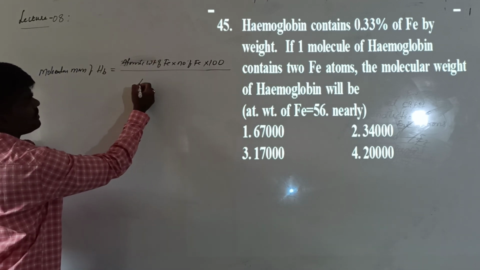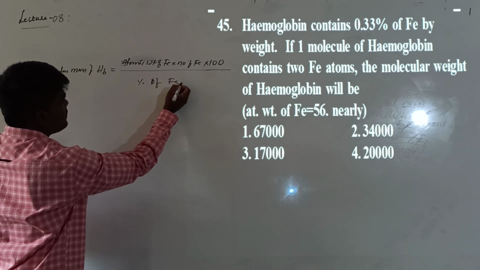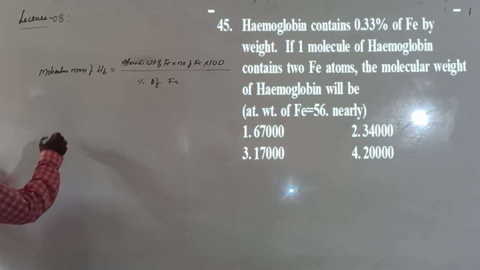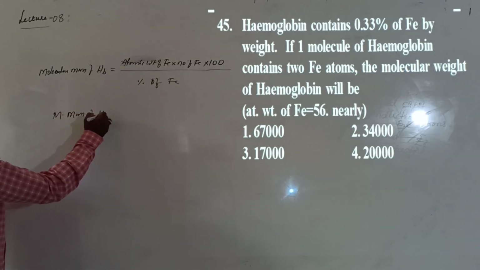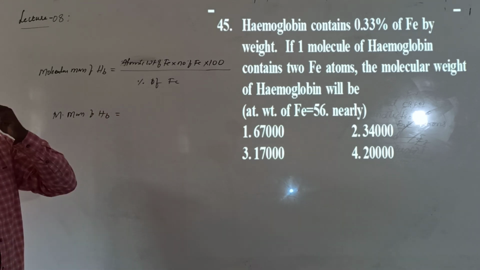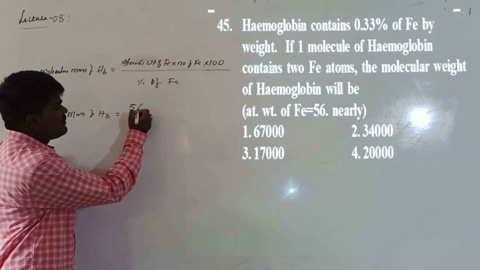And what has he given? The percentage of iron. So from this what can we write? Molar mass of Hb. What is the atomic mass of iron? We know that the atomic mass of iron is 56.